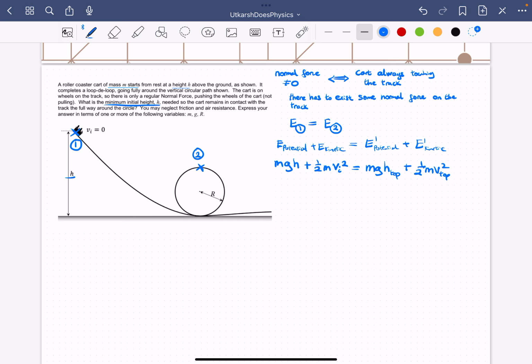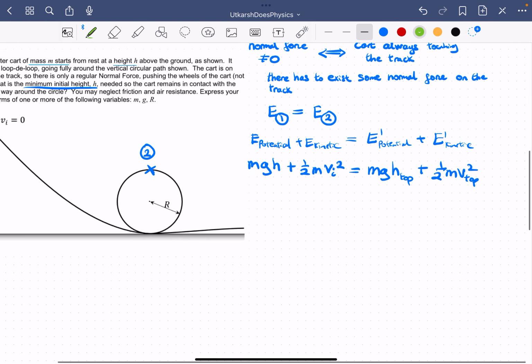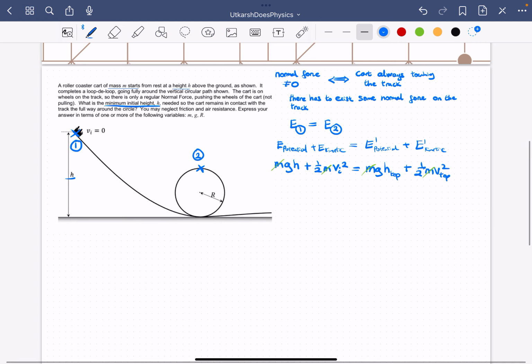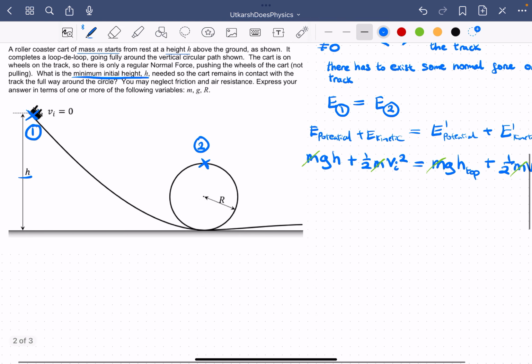Now, from this equation, you can tell straight away that all the masses are the same. So all the masses cancel out. It does not matter if it is a car or a Hot Wheels car. Now, they also give you certain values. So they tell you that the initial velocity is 0.